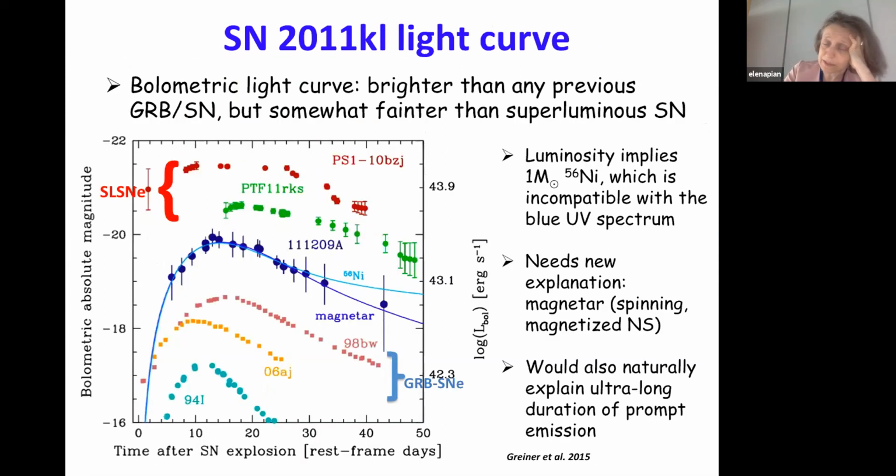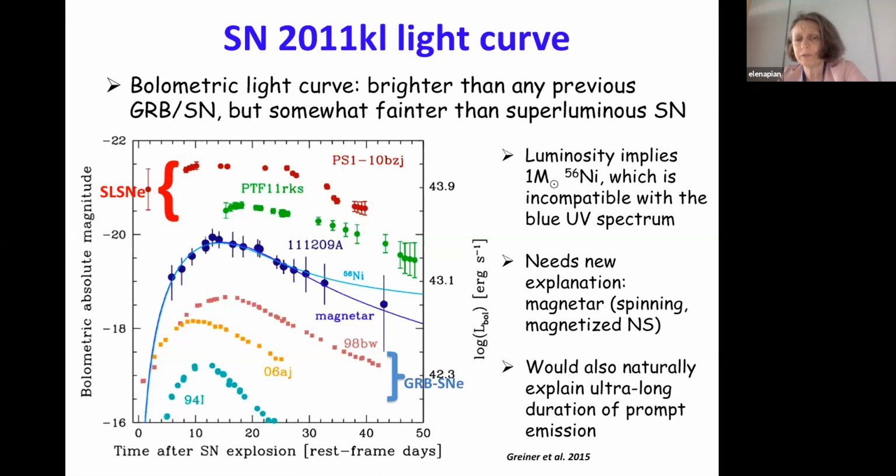So we suspect that there is some incoherence here, which leads us to believe that the mechanism responsible for the luminosity cannot be ascribed to nickel 56 only, but there must be some other component, which we tentatively identified with magnetar energy, meaning the energy of a rapidly spinning, millisecond, highly magnetized neutron star, a promptly formed neutron star.